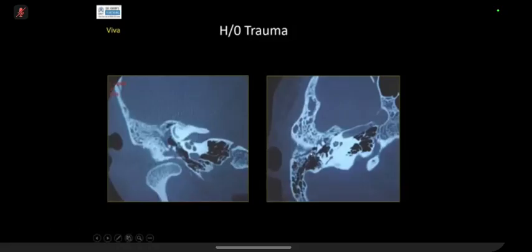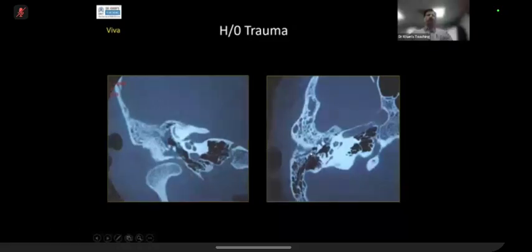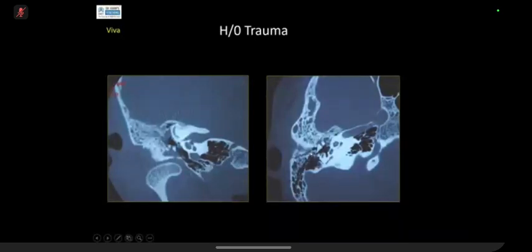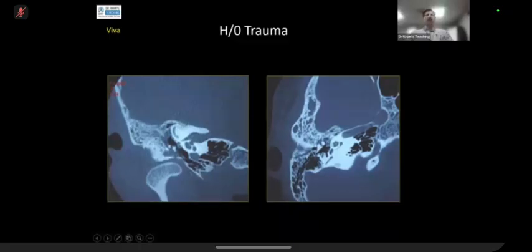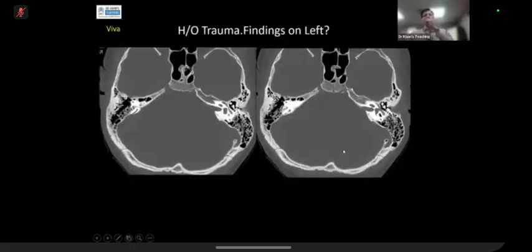I'm not going into details of longitudinal and transverse fractures of the temporal bone and what they can do. But the main thing I want to highlight is to always look here to rule out an incudomalleolar dislocation. If you're doing a Viva case, the examiner might give you half a mark or 1 mark more.